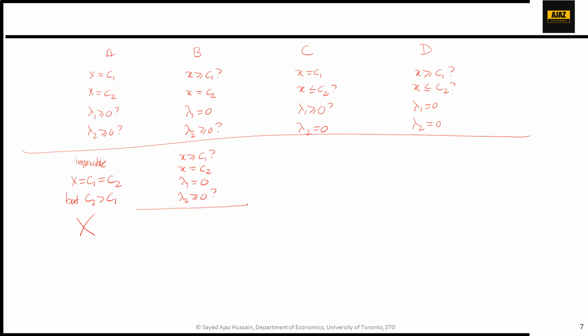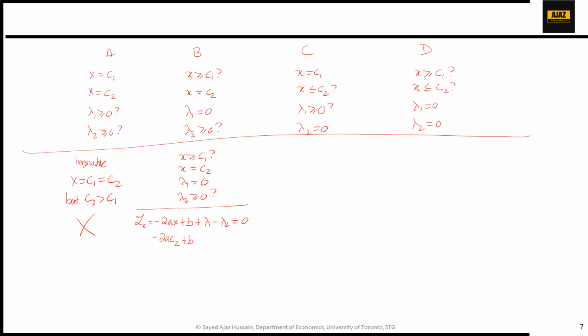To solve this, I bring the first order condition. And if you remember, the first order condition was minus 2ax plus b plus lambda 1 minus lambda 2 is equal to 0. So what can we put in here? We know that x is c2, so that'll become c2.